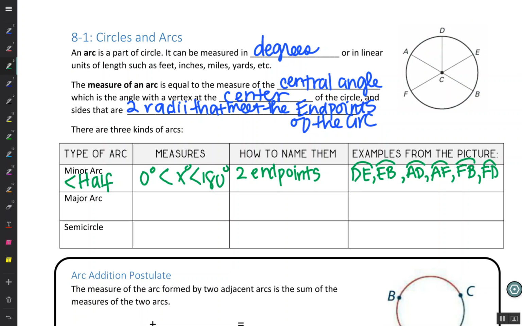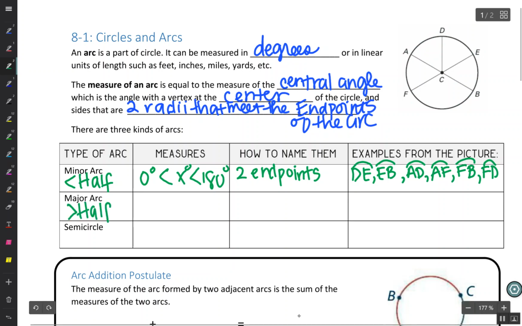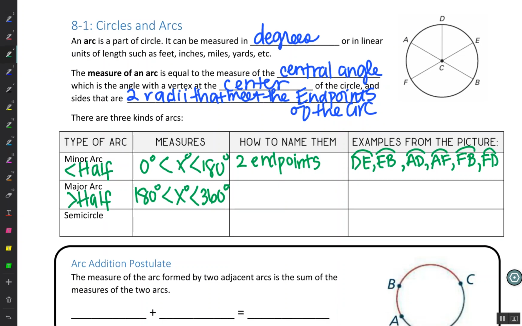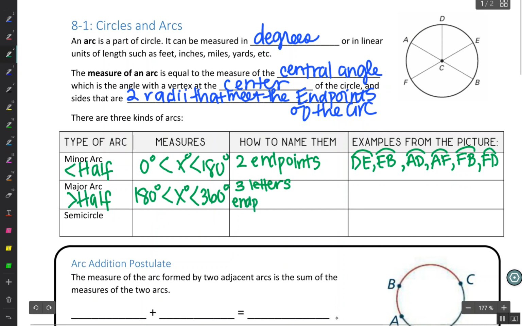Okay, let's talk about a major arc. So with a major arc, we are going to be more than half of the circle. So we're going to go from 180 degrees, but still less than a full circle of 360 degrees. So to name them this time, we're going to use three letters. You basically go end point, and then another point that's just in between, and then to the end point.